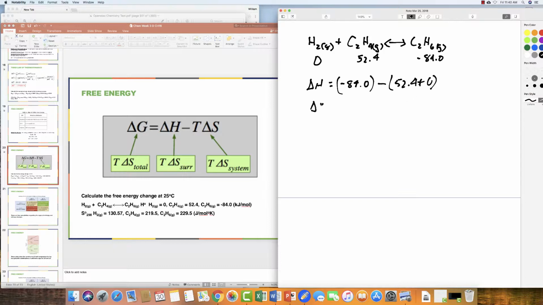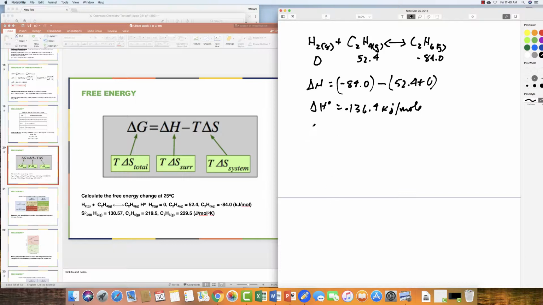So delta H0 is going to equal, adding these two numbers up, minus 136.4, and notice it's kilojoules per mole. So that's the answer there.